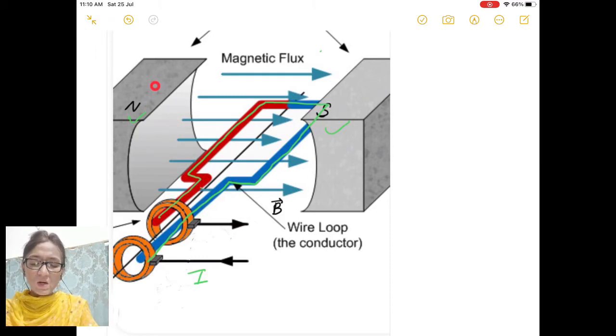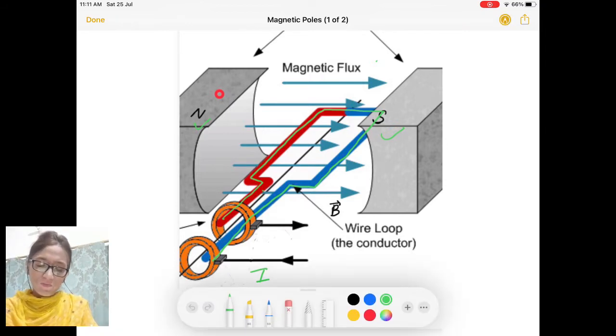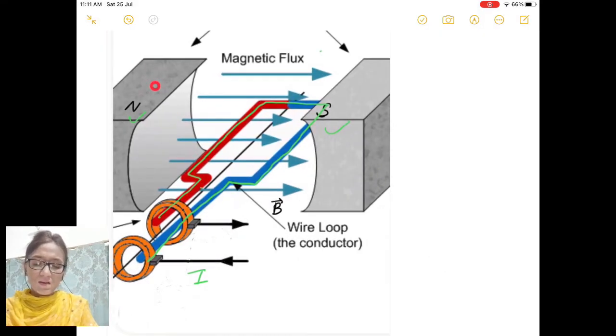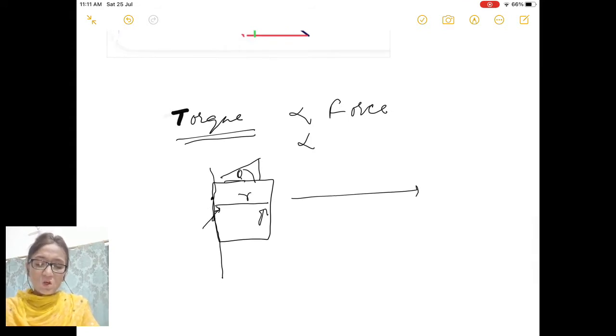So today we are to find the torque acting on this rectangular coil. So what is torque? Torque produces some rotational effect on an object which is fixed along one direction, but not fixed along the two other dimensions.